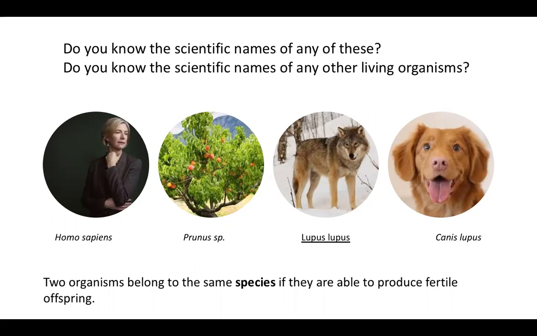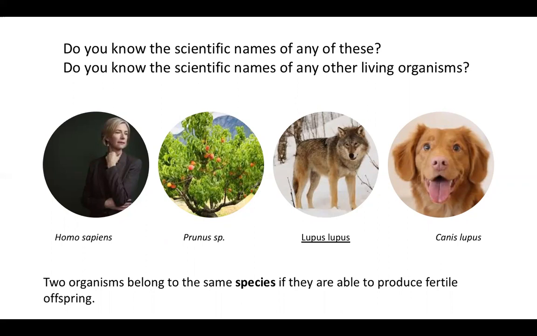And you can see I've written these names in italics. It's important when we use this binomial naming system, binomial, two names, that we write it in italics. If you can't write it in italics, because most of us don't actually write in italics, then you would simply underline the two names to indicate that that is the binomial name.